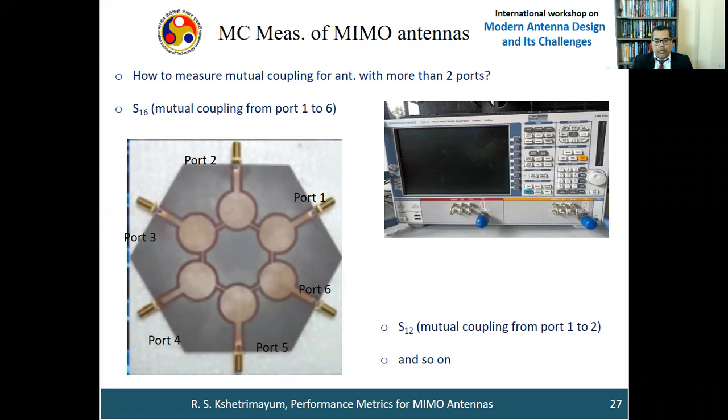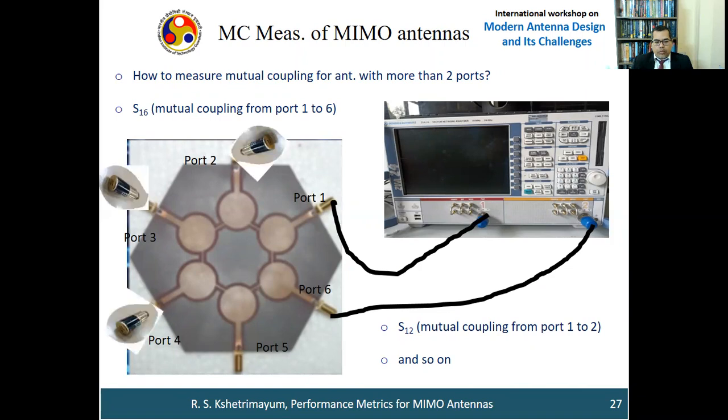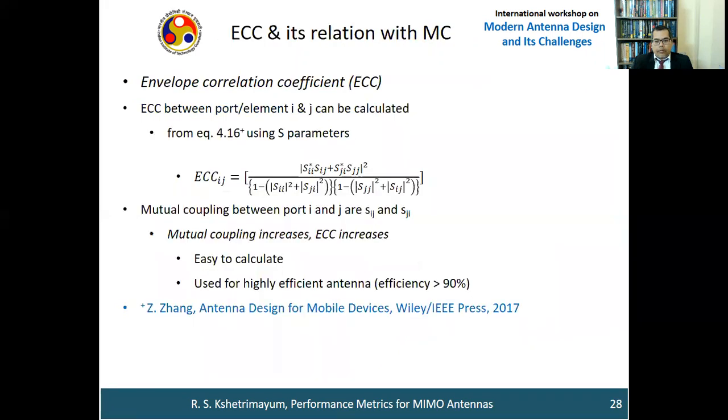You connect port 1 of the MIMO antenna with port 1 of the network analyzer, and port 6 of the MIMO antenna with port 2 of the vector network analyzer. You send a signal from port 1 and see how much signal is received in port 6. That is the mutual coupling between port 1 and 6. One point to be noted: you cannot keep all the remaining ports open. You have to put matched loads there, otherwise there will be a lot of reflection and you'll get a wrong result.